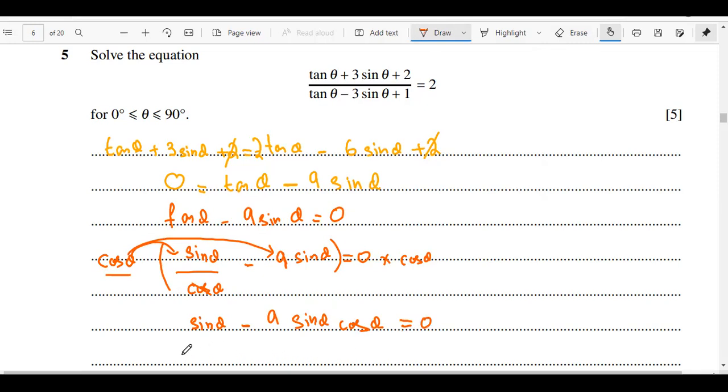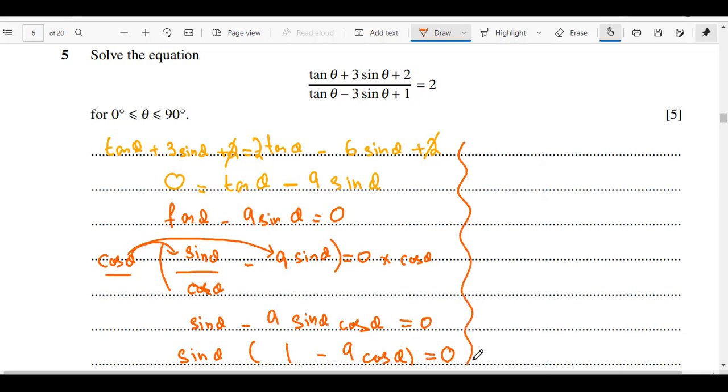Now I can take sine theta common, and it gives me sine theta times 1 minus 9 cos theta equals 0.